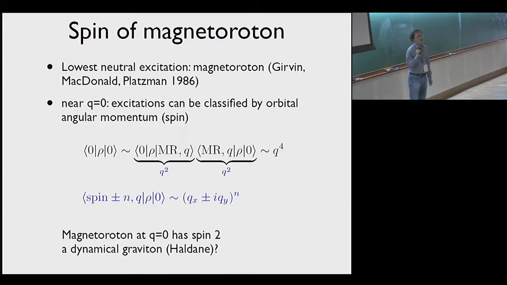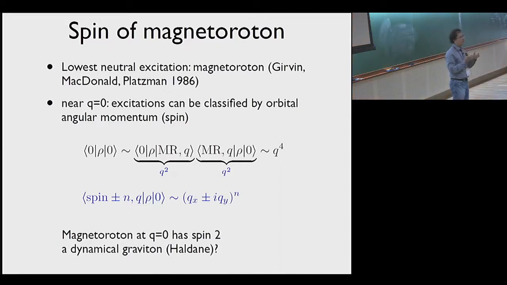So in the quantum Hall effect, you can see, and I think this argument was first made by Haldane, that the magnetoroton, the first excited state of the system, is a non-trivial spin 2 particle. And Haldane speculated, and he has also other supporting arguments, that this particle must, in some sense, be a dynamical graviton.